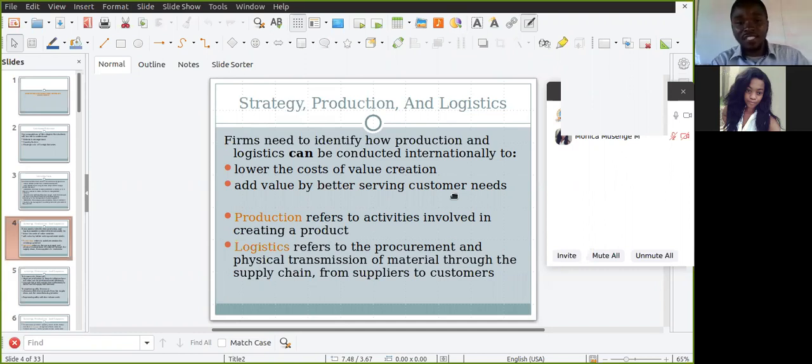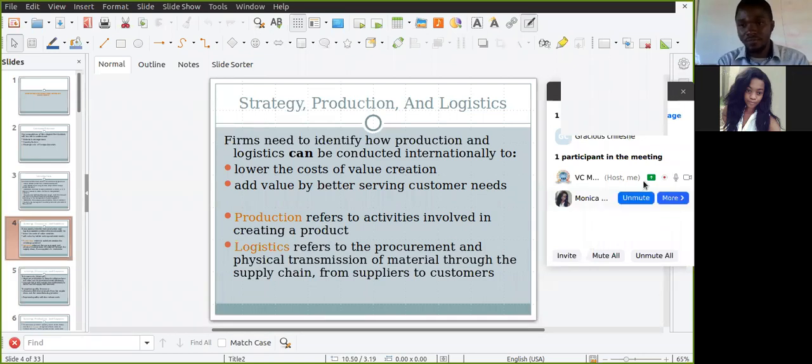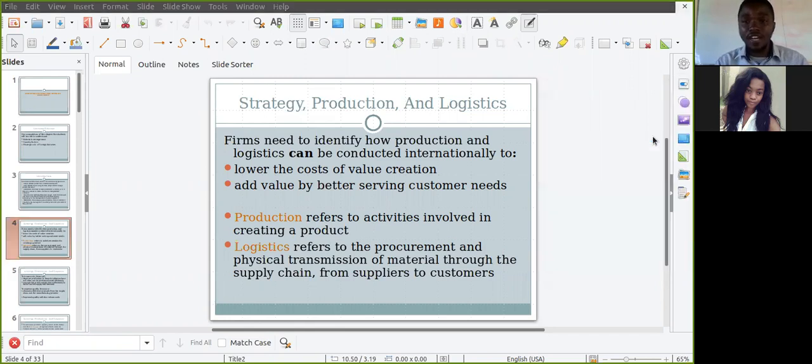Production refers to activities involved in creating a product. So each and every activity that is involved in processing of raw materials into finished products is production.